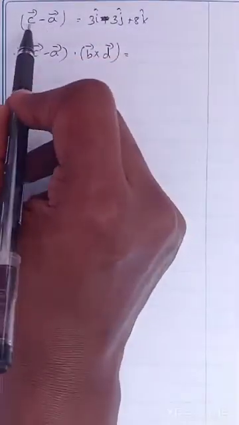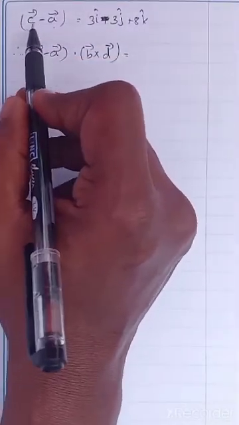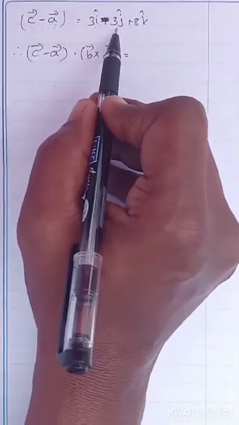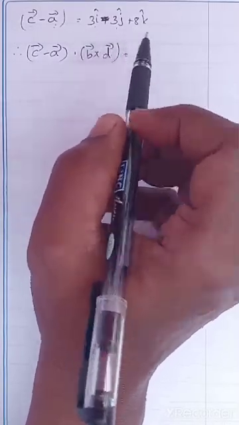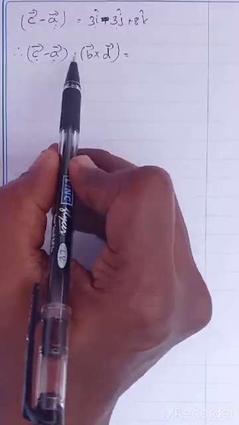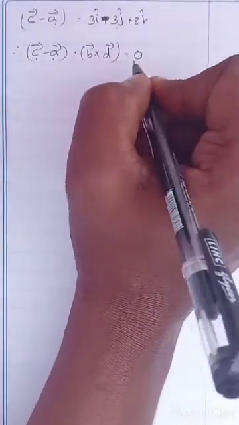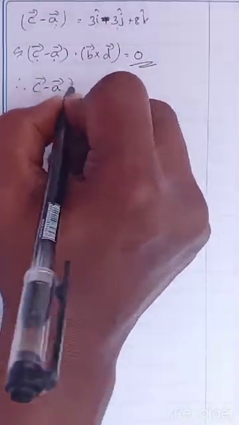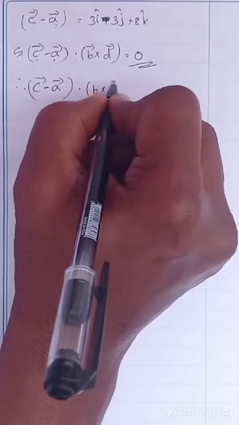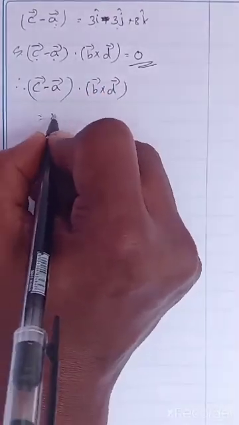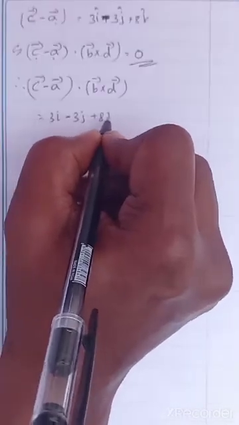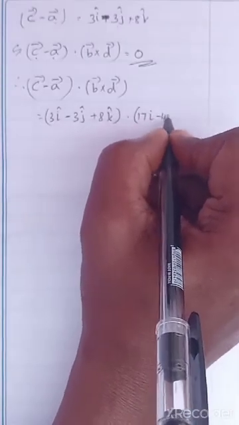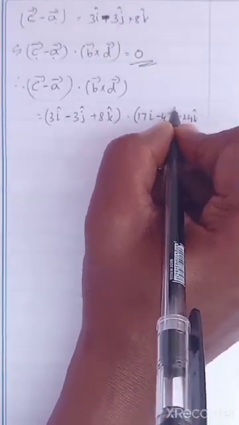Next, we want to find C minus A, so we subtract A vector from C vector. The answer is 3i minus 3j plus 8k vector. What is your coplanar condition? C minus A dot B cross D equal to 0. So C minus A is 3i minus 3j plus 8k, and B cross D is 17i minus 47j minus 24k.